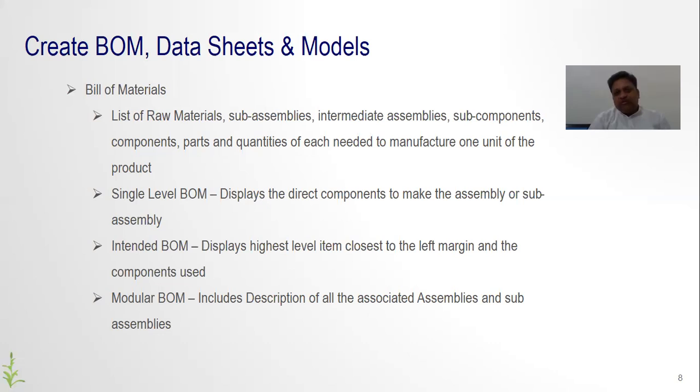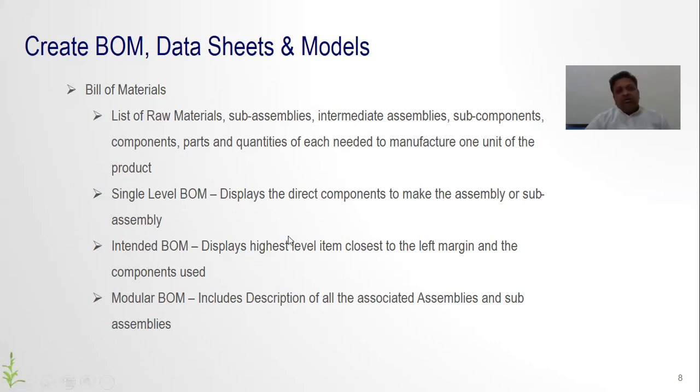If 1 unit of the product is there, how many parts are going to be assembled. For example, in one human body there are 2 eyes, so in the eyes section the quantity is 2. So even though the assembly is 1, you can't say 1 part; it can be many parts.